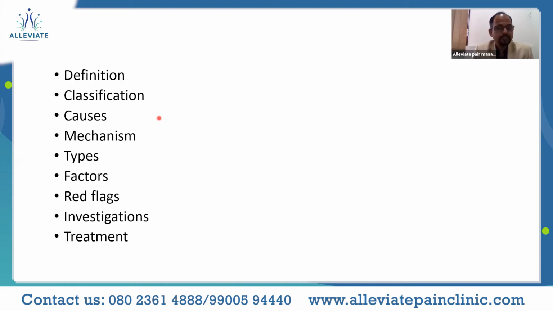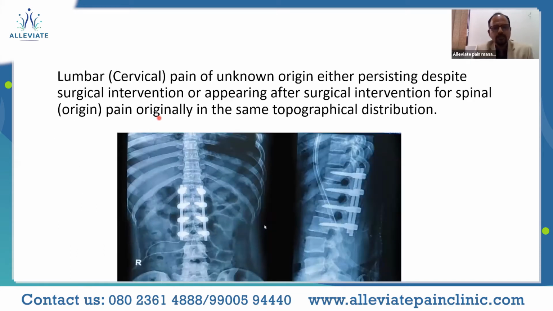We will also cover the investigations which we require and, most importantly, the possible treatment options. There have been a lot of clinical trials, RCTs, conducted amongst the pain fraternity to deal with such a condition and to understand the mechanism, so that a proper treatment plan is offered to the patient.